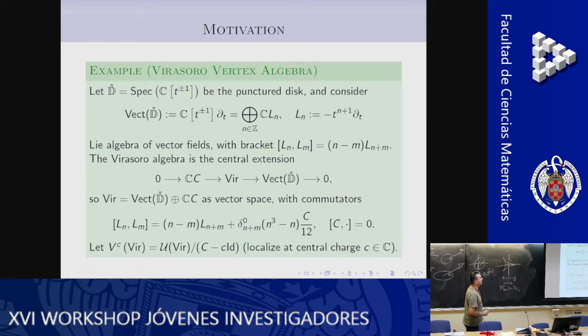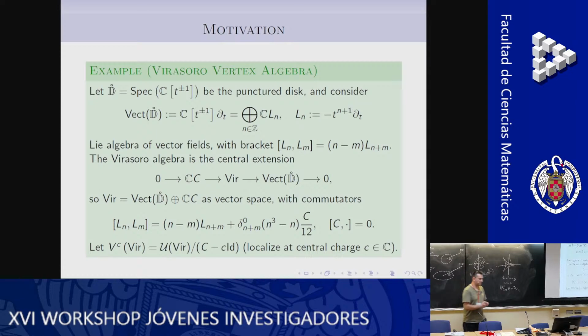Entonces, el primer ejemplo es el álgebra de Virasoro, que se puede ver como la extensión central del álgebra de los campos vectoriales a través de un elemento central, de manera que tenemos este espacio vectorial con los conmutadores satisfaciendo estas relaciones.